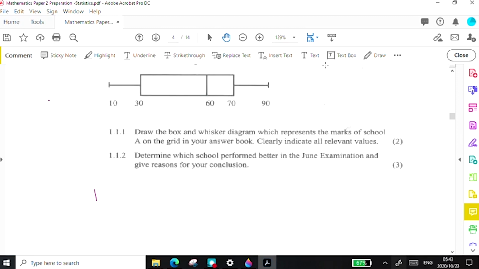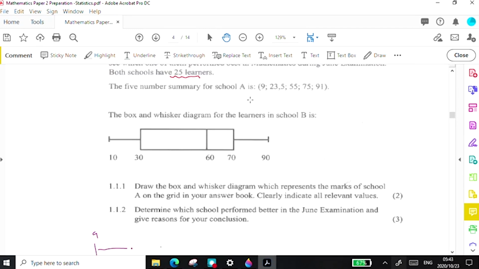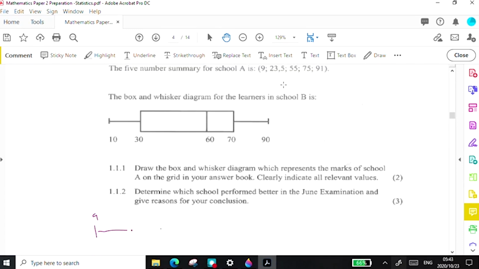So we have the first value, which is 9. I'm trying to compare this with the above box whisker plot. And the first quartile is 23.5, which is slightly less than this.